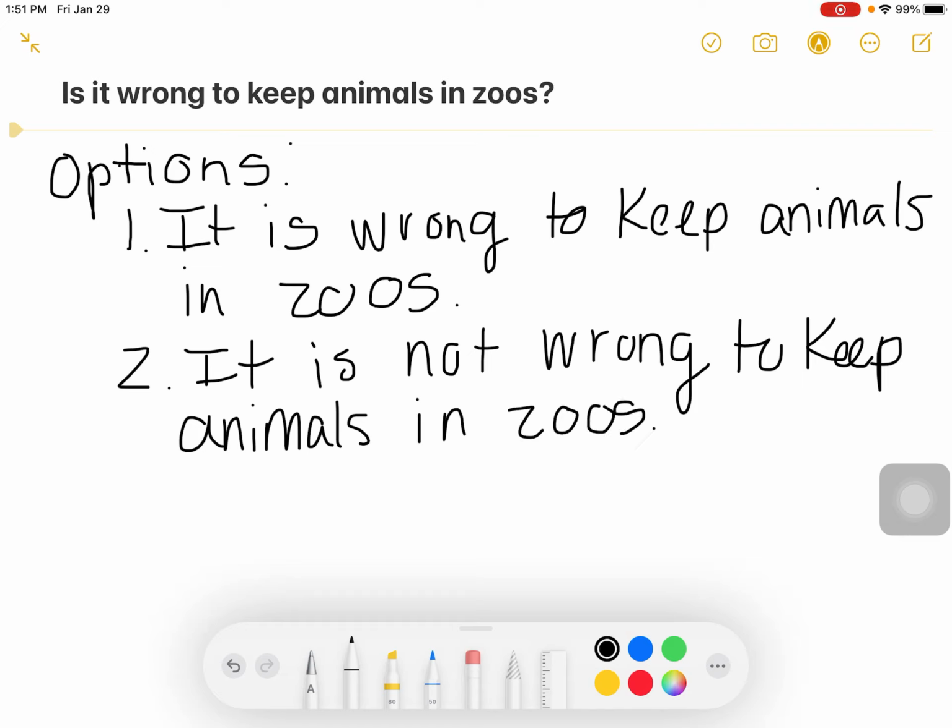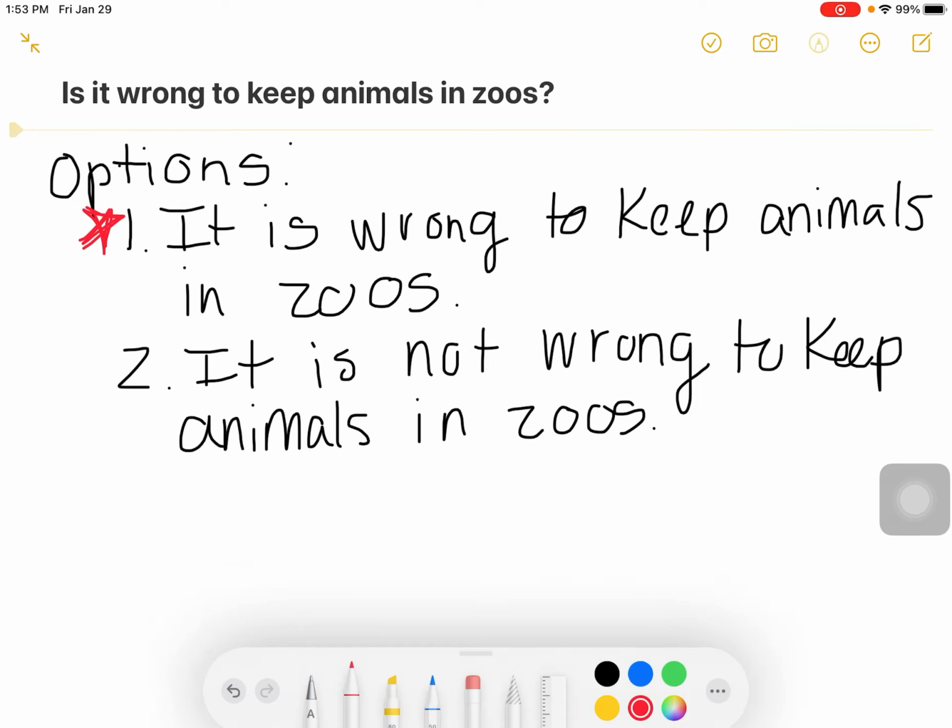Now, as I've already told you guys, I decided after reading my sources to go with this first one. It is wrong to keep animals in zoos. Okay, so that's what I've decided to go with, right?